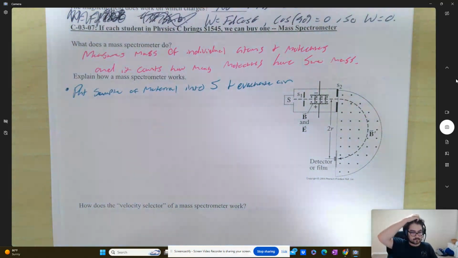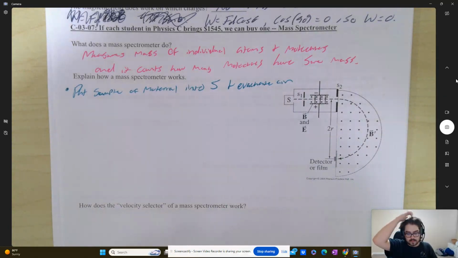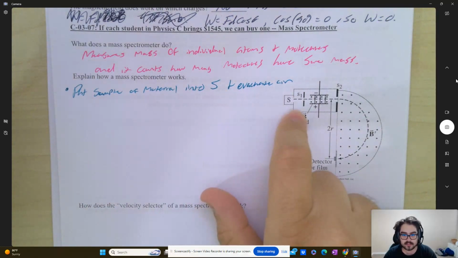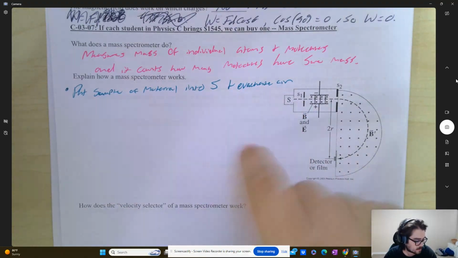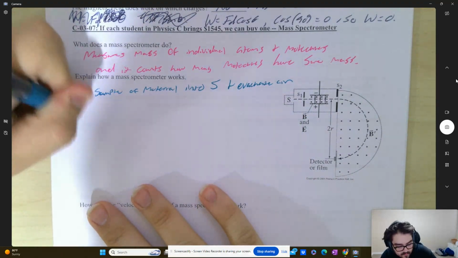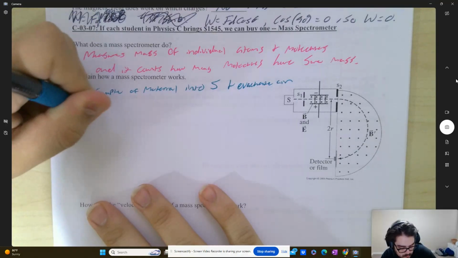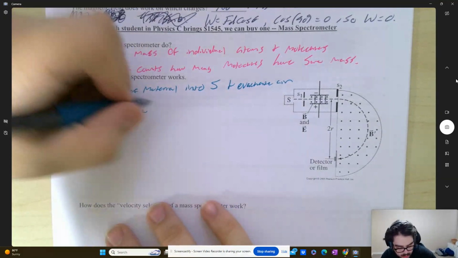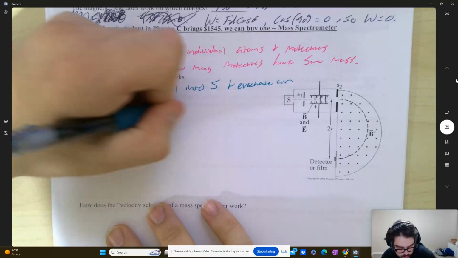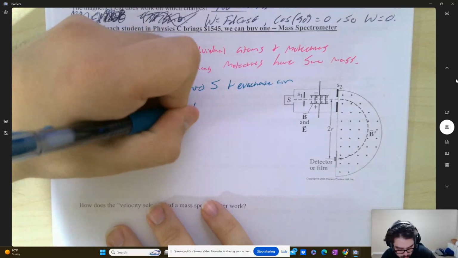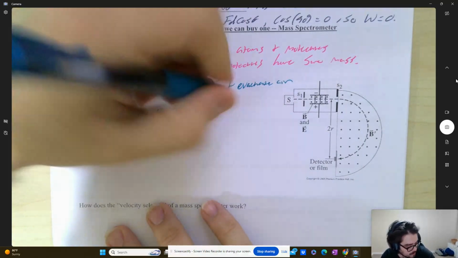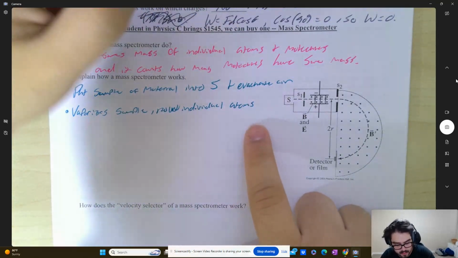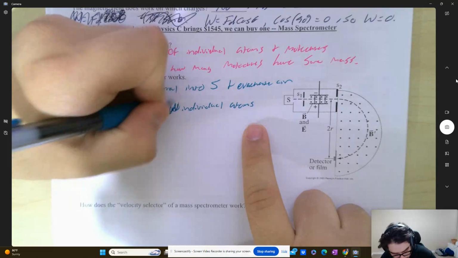When you put the sample into the mass spectrometer and it evacuates the air, it then vaporizes the sample. Now we have individual atoms.